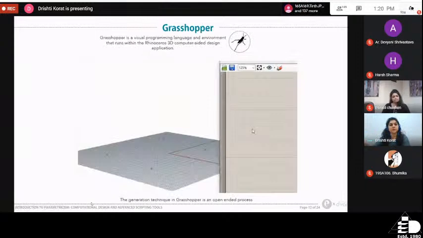But Grasshopper is where the scripting comes into play. It's essentially making a software of your design. So what does any software do? You give it some inputs, it processes the data for you, and it gives you an outcome. That is what programming languages do. Grasshopper is essentially a visual programming language.